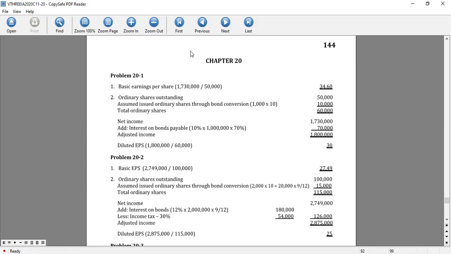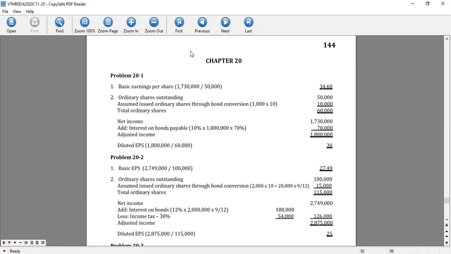Now we compute the basic earnings per share by dividing net income by the number of ordinary shares of 50,000. In number 2, compute the diluted earnings per share. The ordinary shares outstanding is 50,000.